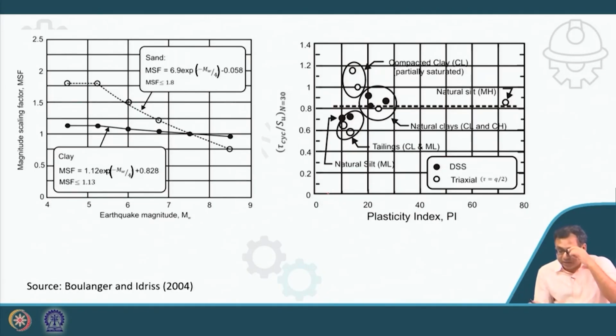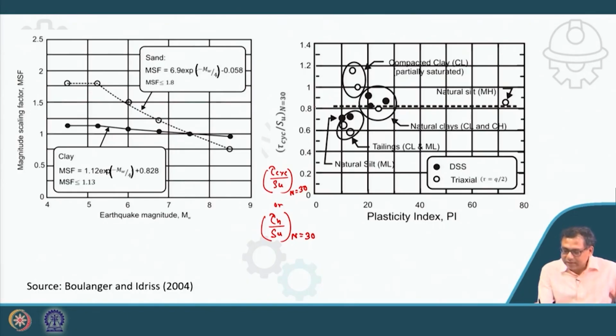We are checking the cyclic softening, but for any plasticity index, this tau cyclic divided by SU for N equal to 30, which is same as tau H divided by SU for N equal to 30, that value is 0.83.